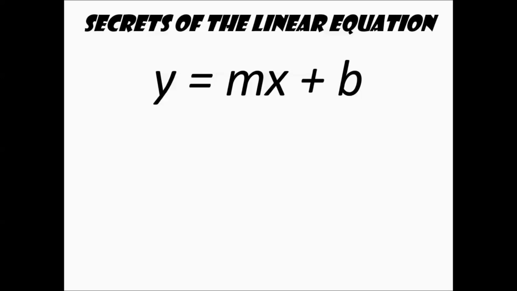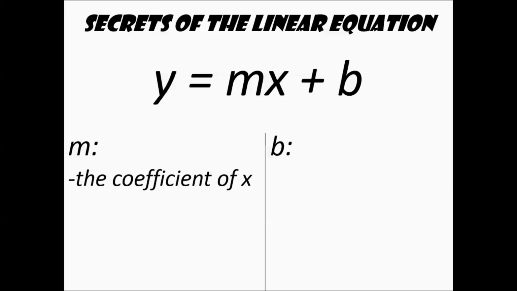So y equals mx plus b. This is the format that your equation needs to be in. This gets a little bit confusing. Now you recognize the y and the x. The m is going to be that number that's multiplying by x. It's going to be the coefficient. You'll see an actual number in there for m in a few seconds.